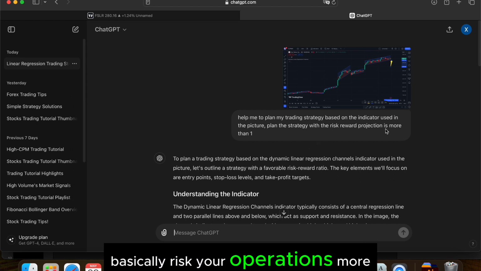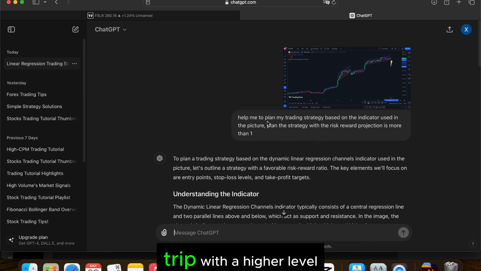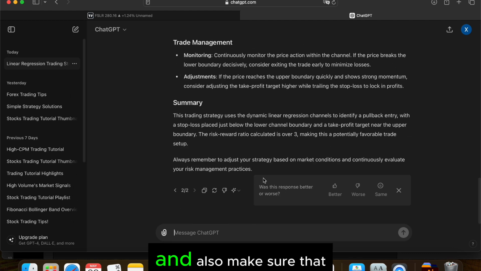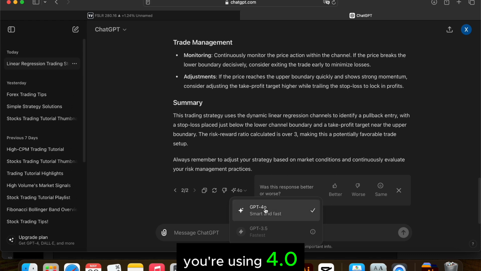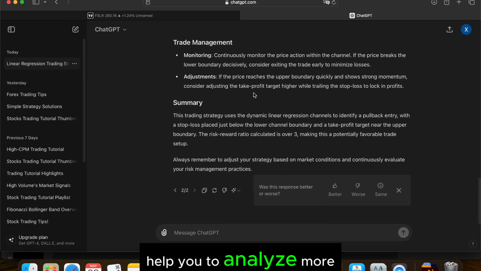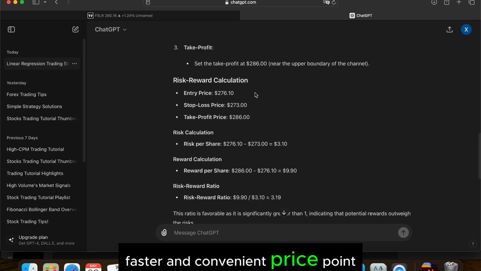Basically, if the risk reward is more than 1, we can plan a good trade with a higher reward compared to the risk. Also make sure that you are using GPT-4o, as this will help you analyze faster and more conveniently.